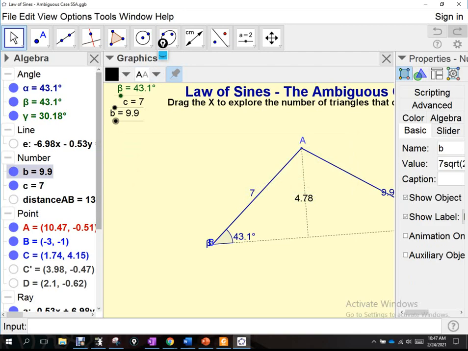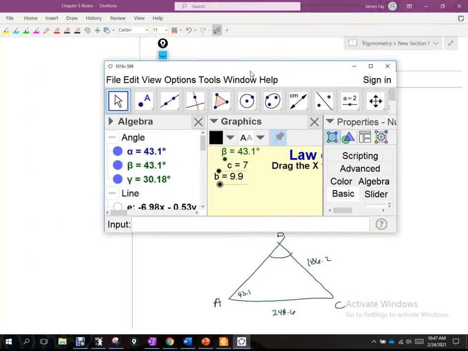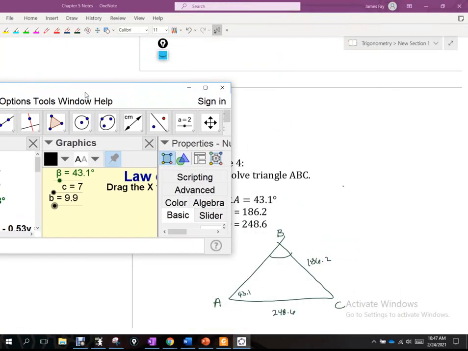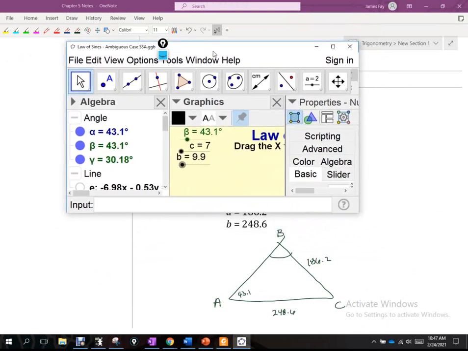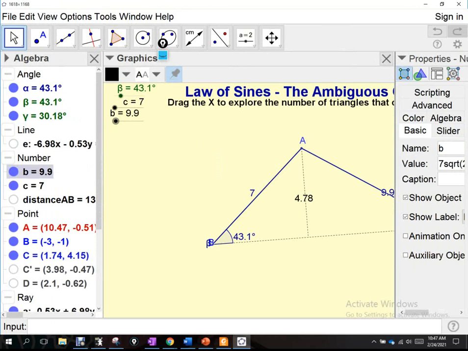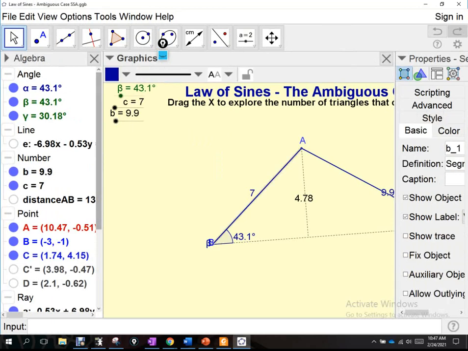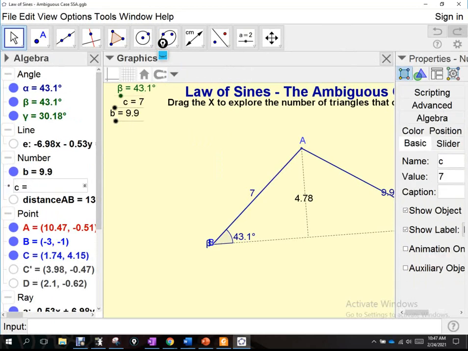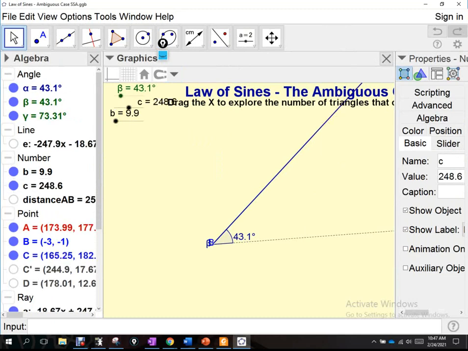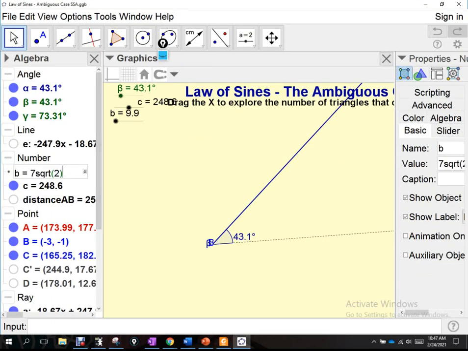So now 43.1, the 248.6 needs to be this one here, 248.6, and this one here would be 186.2.